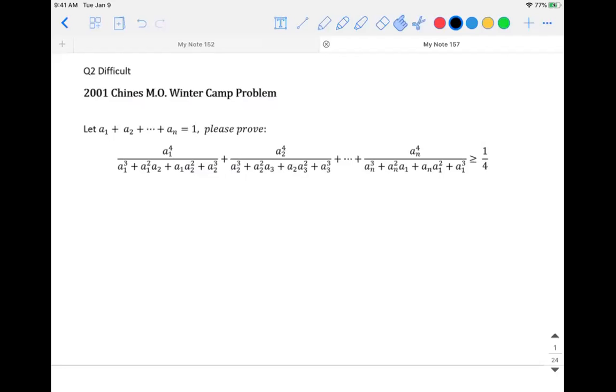So for mine, basically, it's something from calculus called the Lagrange multipliers, which basically says that if you have a function that you want to find the minimum or maximum values of, so you want to minimize or maximize something under a constraint. So the constraint right now is that the sum of a1 all the way to an is equal to 1. That's the constraint, and we want to minimize in this case this weird looking function over here.